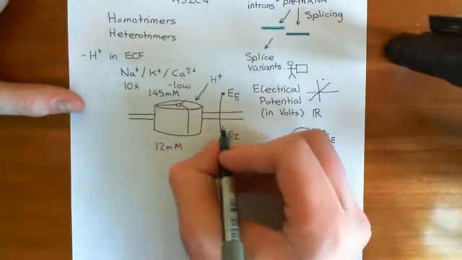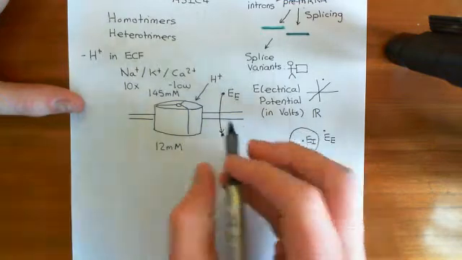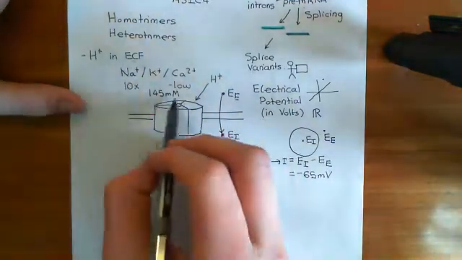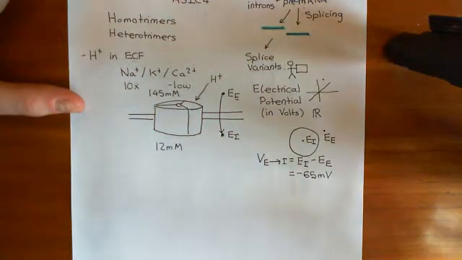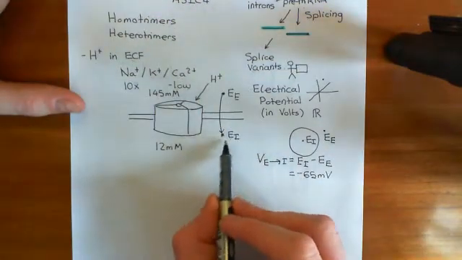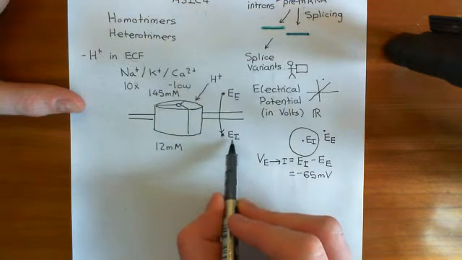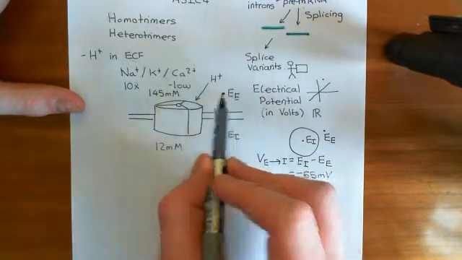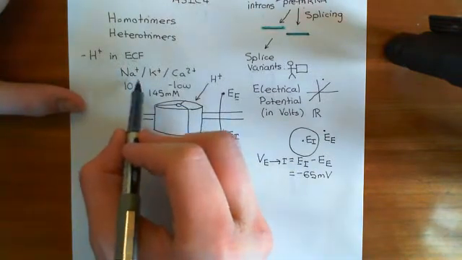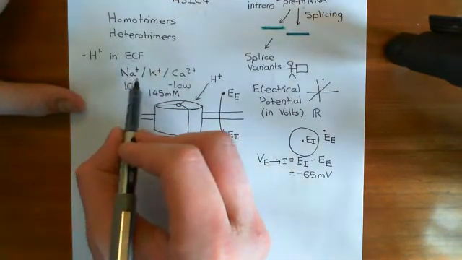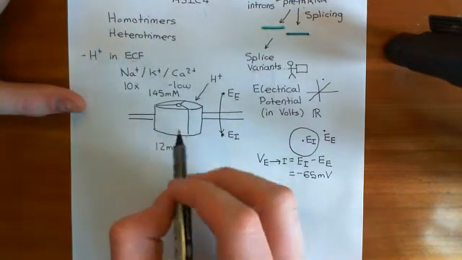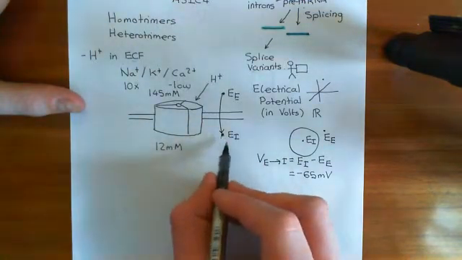In addition, we have to consider the electrical gradient, because these are charged particles. Sodium cations are moving through this channel. At the moment the intracellular electrical potential is 65 millivolts lower than the extracellular electrical potential. Positively charged ions want to be where the electrical potential is lower, which at the moment is the intracellular compartment.